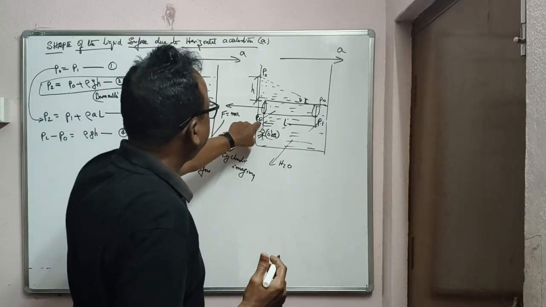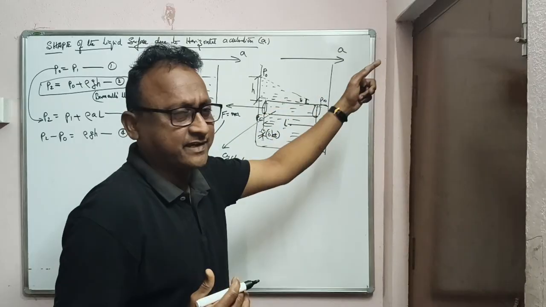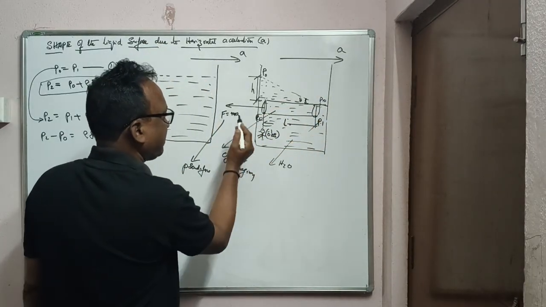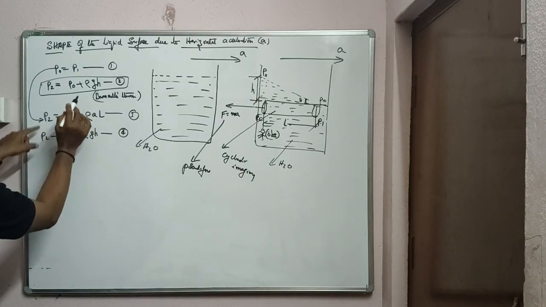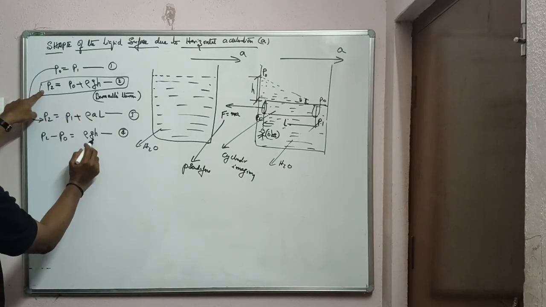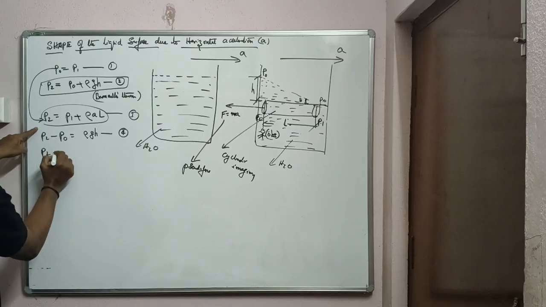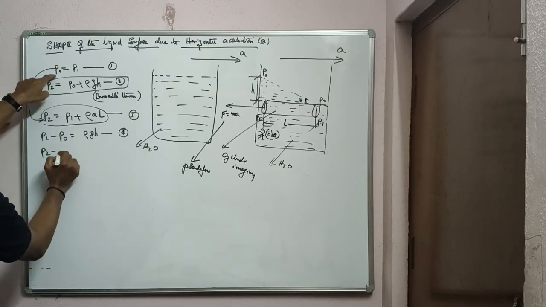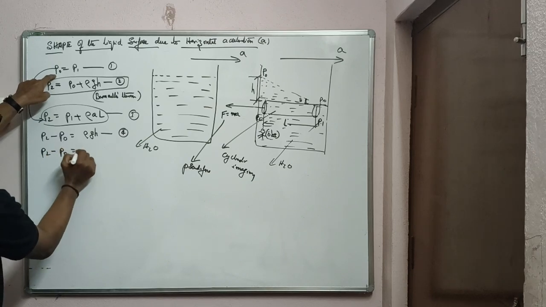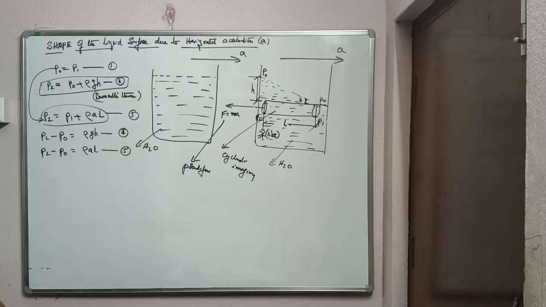And the pressure here, P2, is equal to P0 plus rho gh, and because of the pseudo force, since it is moving in acceleration, P2 will be greater than P1, therefore P2 is equal to P1 plus rho AL. Now what did I do with this equation: P2 minus P0 equals rho gh, equation 4. Now look at these two equations: P2 minus P1. What is P1 from equation 1? P2 minus P0 is equal to rho AL. Equation 5. Are you understanding the point here?